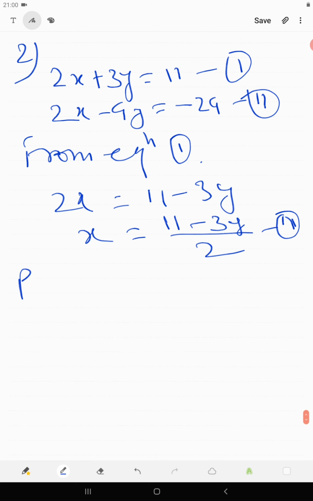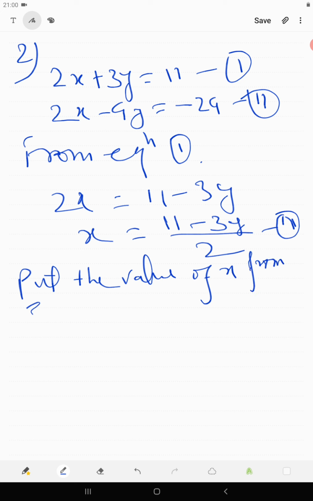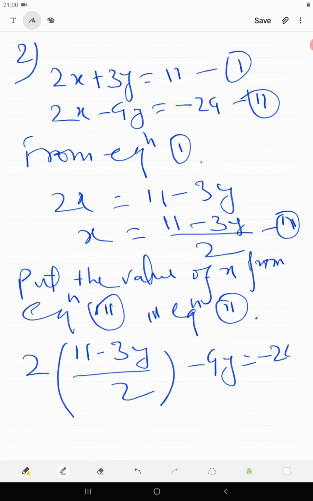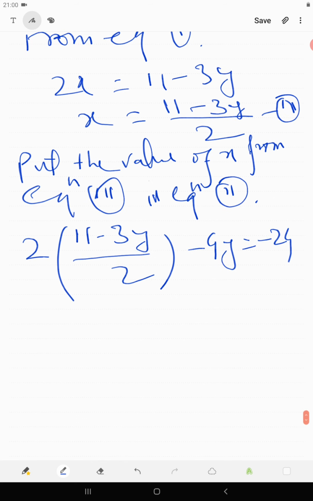Now put the value of x from equation 3 in equation 2. So what will we write then? 2 into 11 minus 3y divided by 2, minus 4y equals minus of 24. Correct? We just put x.